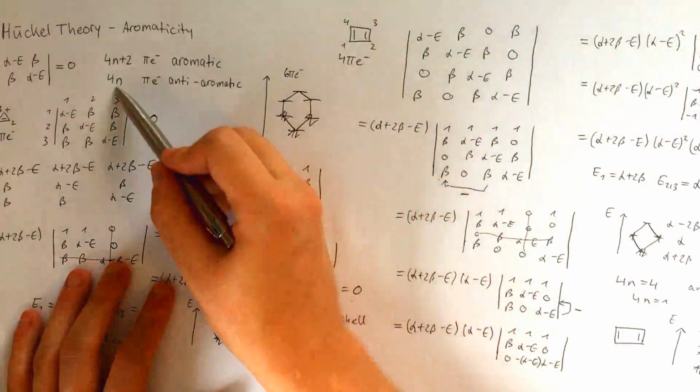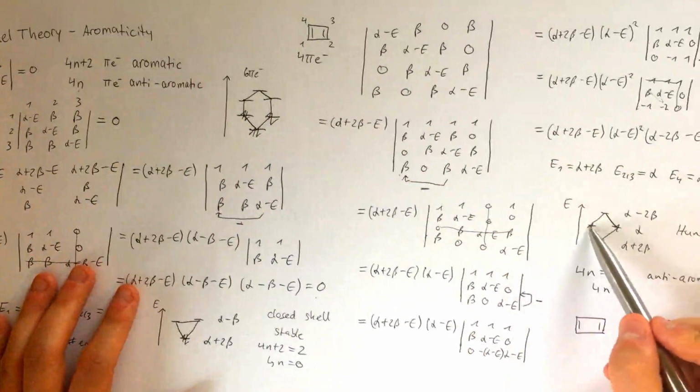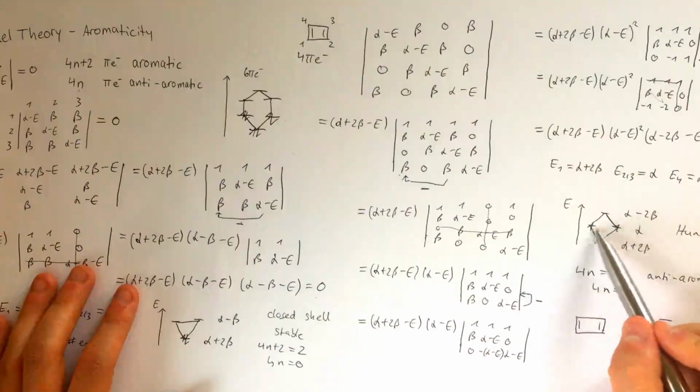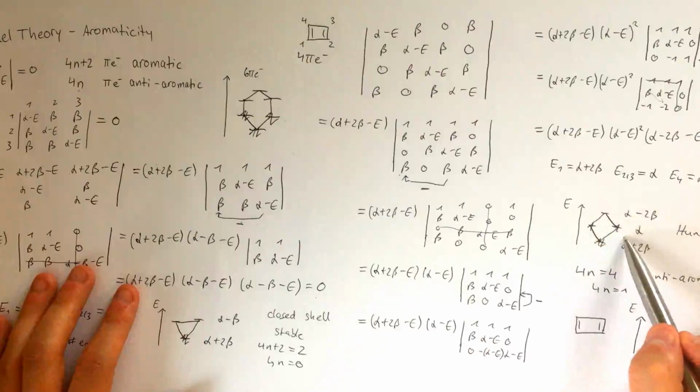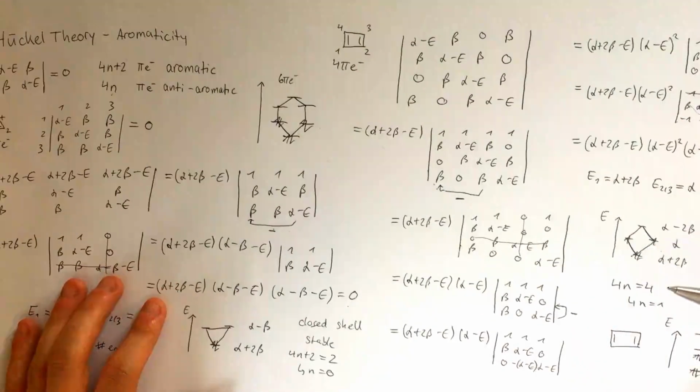So if you only have 4n electrons, that will inevitably lead to having a degenerate ground state with unpaired electrons, as we saw in cyclobutadiene. And that's the basis of aromaticity. And yeah, that's where the rule comes from.